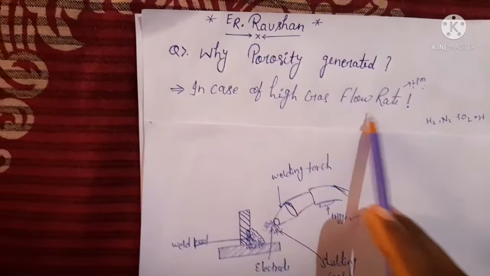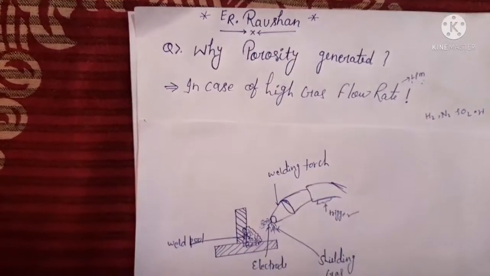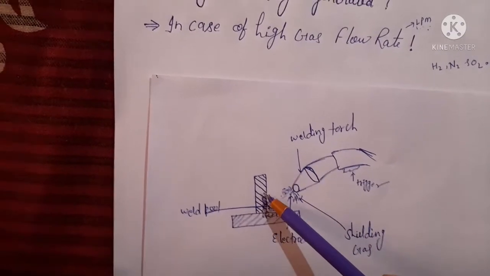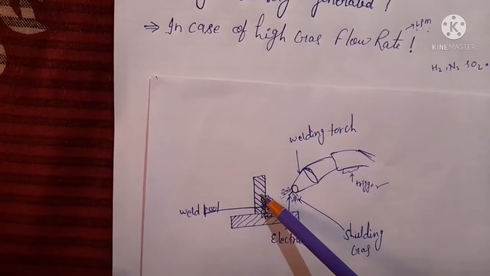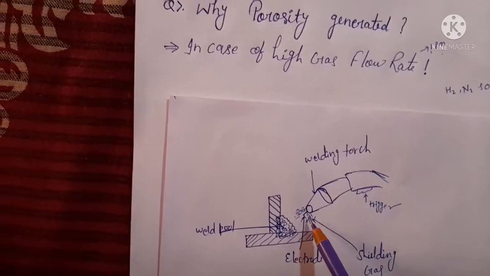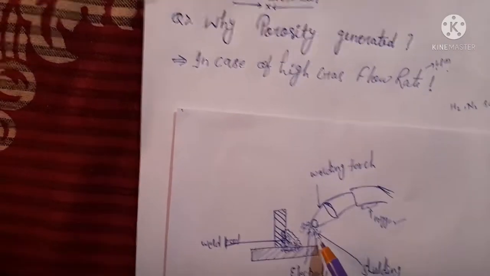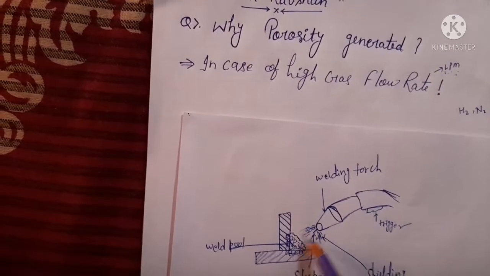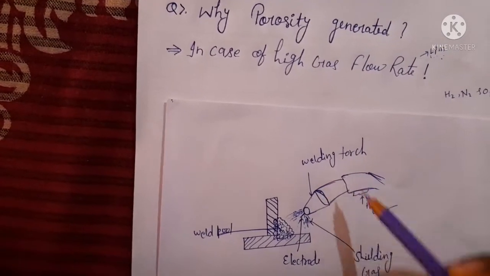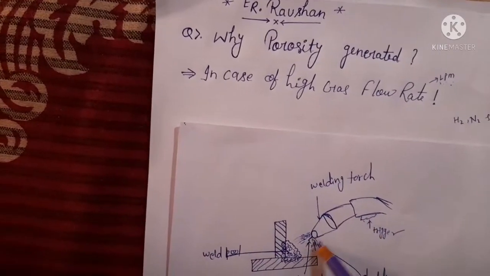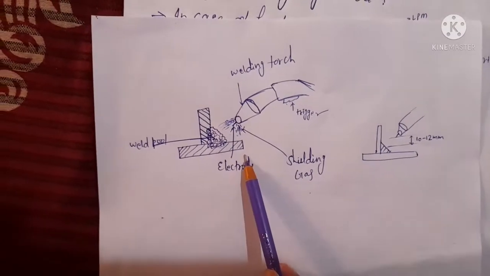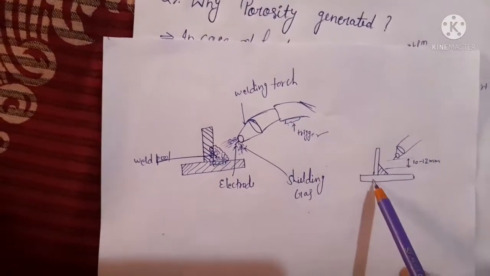What is the effect on porosity? Okay, so friends, this is a weld pool and these are two parts joined together by welding. Now this is an electrode, and this dotted line is shown as the shielding gas. This is a welding torch and here is the trigger to move the electrode. Okay friends, this picture is created here.